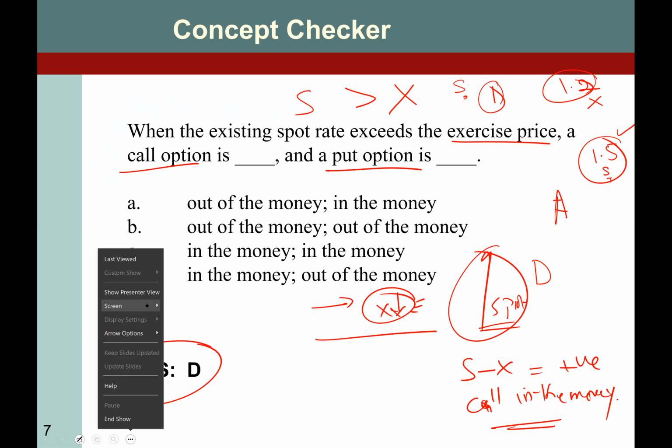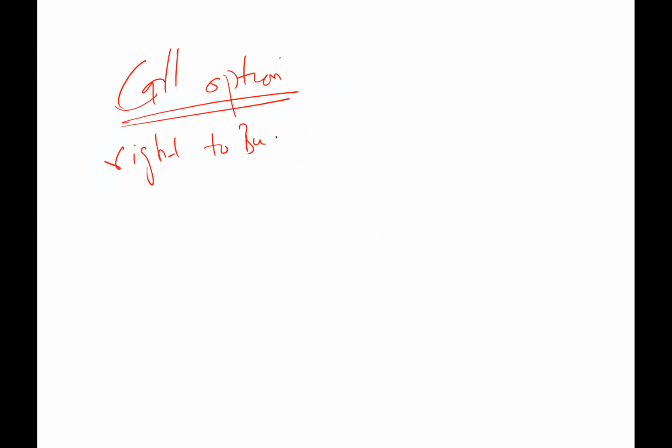Okay, let me repeat it. Call option. What is a call option? The right to buy, right? So what is your gain or profit condition?